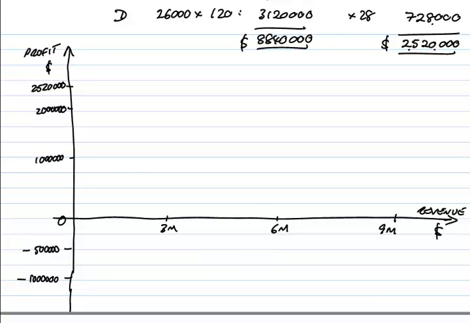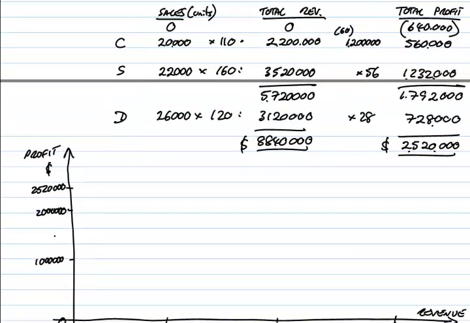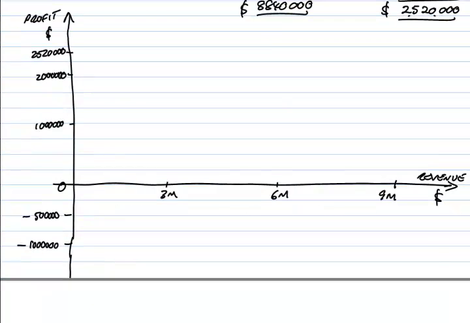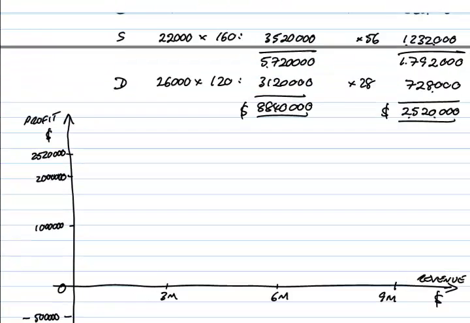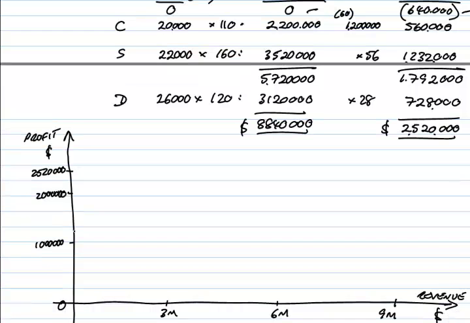More importantly though, the way we draw it for part 1, we go at each level. So when we sold 0, we had 0 revenue and a profit of minus 640. So 0 revenue, profit minus 640, let's say about there. Then we sold C. It took the revenue up to 2.2 million, up there.